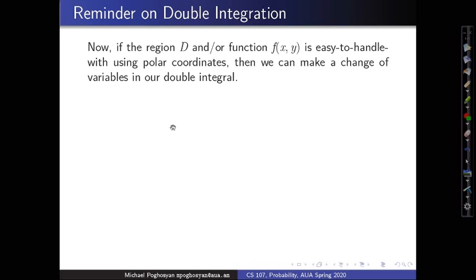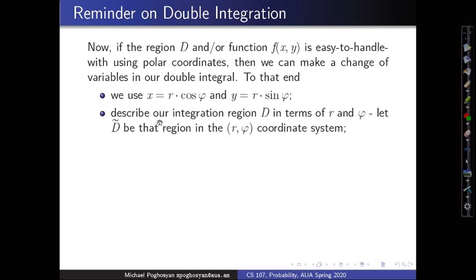To that end, we are doing the following steps. We are using x equal to r times cosine of phi and y equal to r times sine of phi. So these are our polar coordinates.